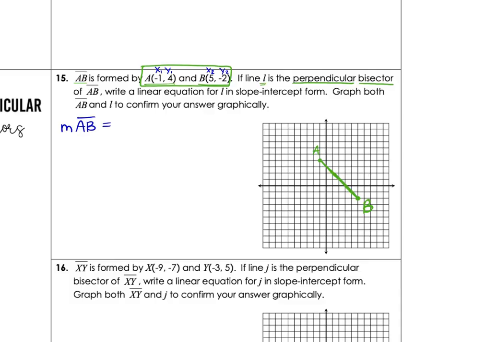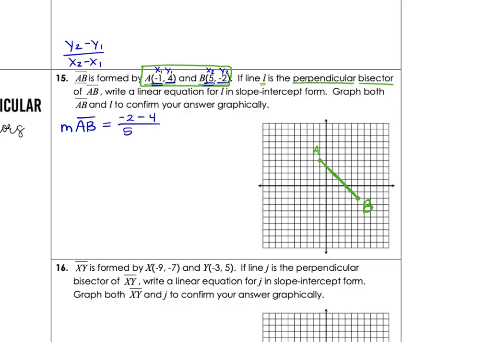Okay, if we're going to do the slope of AB, remember that's y2 minus y1 over x2 minus x1. So if I go y2, -2, minus y1, that's the 4, over, what's going to be my denominator right now? 5 plus 1, x2 minus a -1.